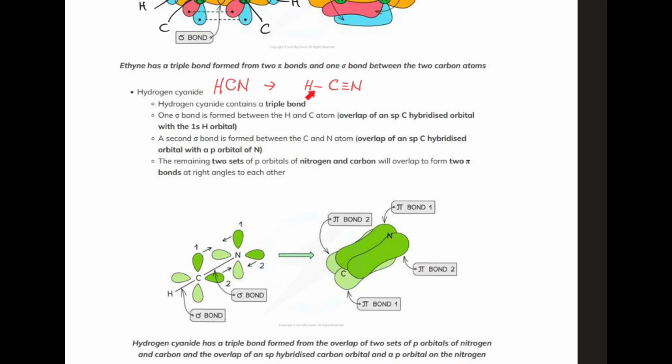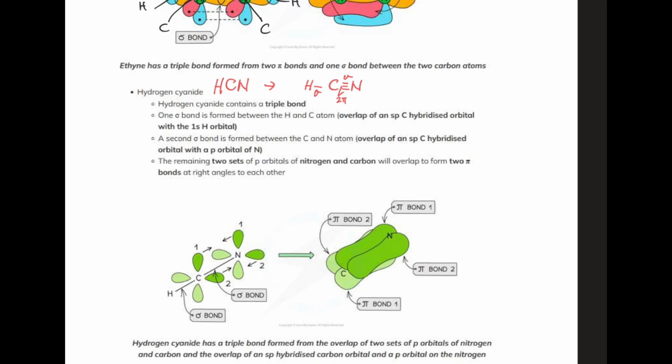So let me ask you, is this going to be sigma bond or pi bond? Sigma, yes. Single covalent bond is always sigma. And here, how many sigma and how many pi? 1 sigma, 2 pi. Yes, that's good enough.